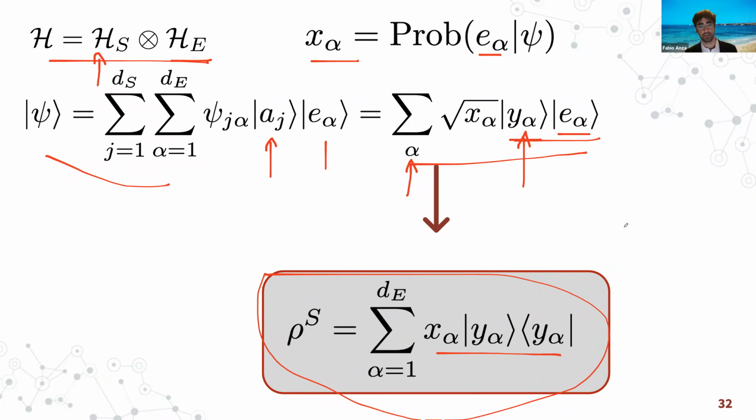What I'm discussing here is that your starting point is both system and environment, right? My point here, and this is not obvious at this stage, is that essentially the purifications at fixed environment size, say you fix your environment to have dimension, whatever, 100 qubits, for example, those purifications are essentially in one-to-one correspondence with measures on the state space.